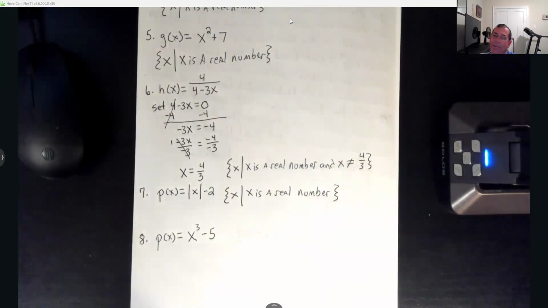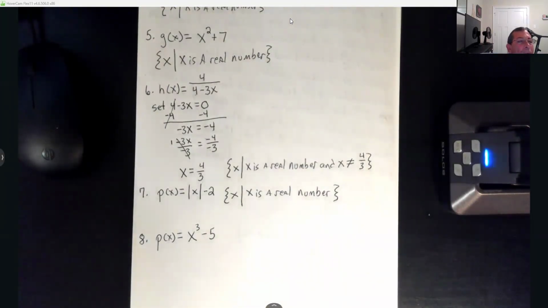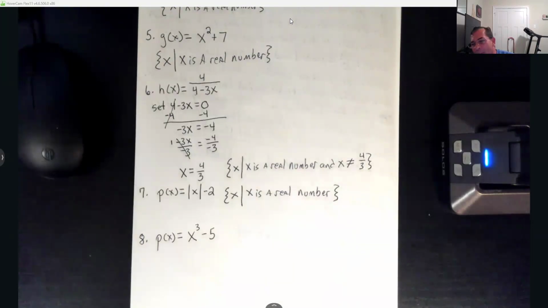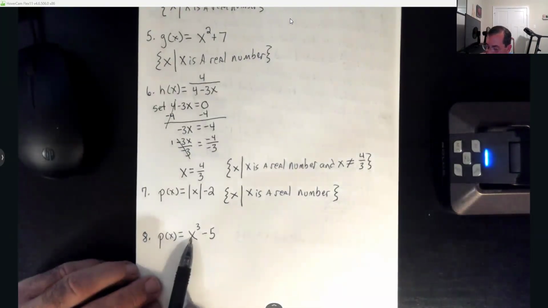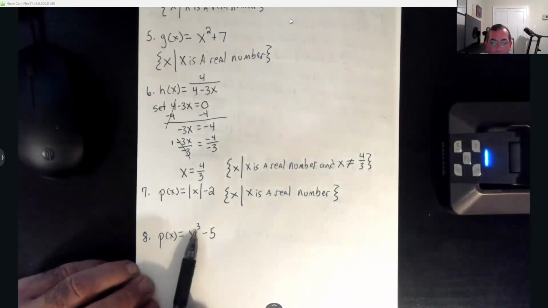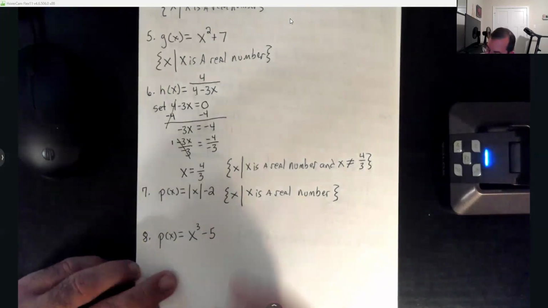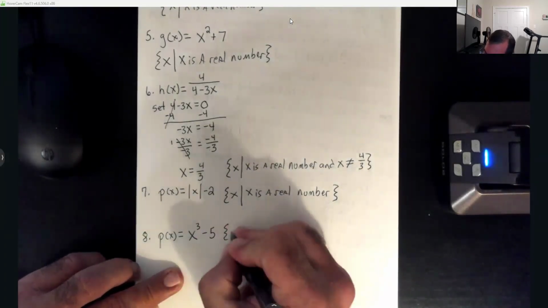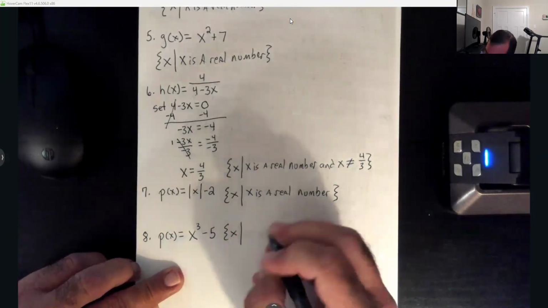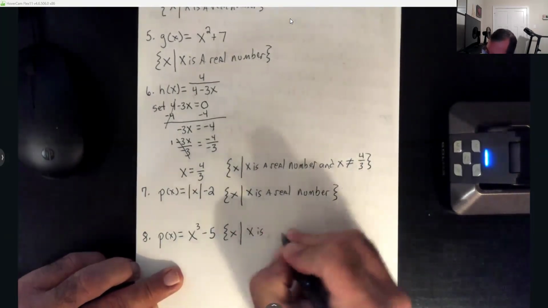All right, how about that domain? All right, so Madeline, well, y'all getting them quick now. Good job, y'all. Once again, any number you give me, I can cube it and then subtract 5. So once again, this is x such that x is a real number.